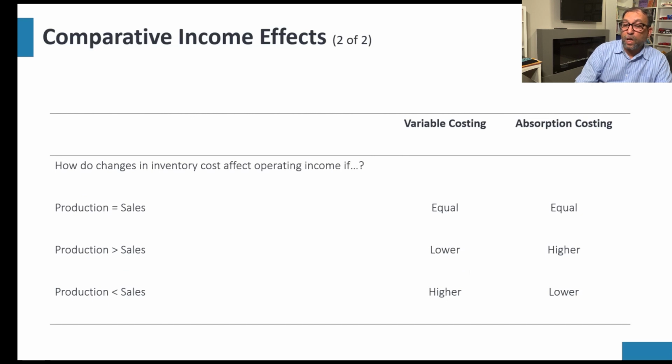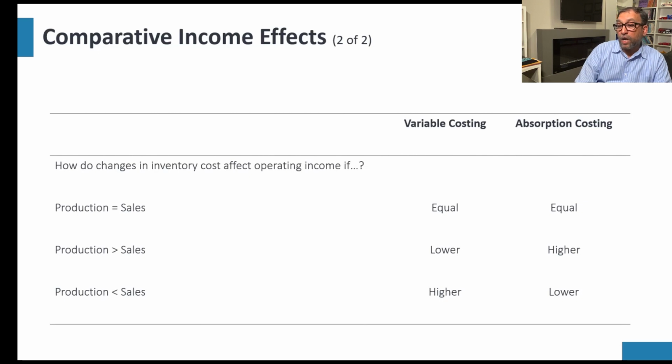Now, what is happening to the income? How does a change in inventory cost affect operating income? If production and sales are equal, like there is no inventory, then the profit, whether we are using variable costing or absorption costing, is going to be equal. There is no difference. But if production is more and sales are less, it means that there is an inventory.